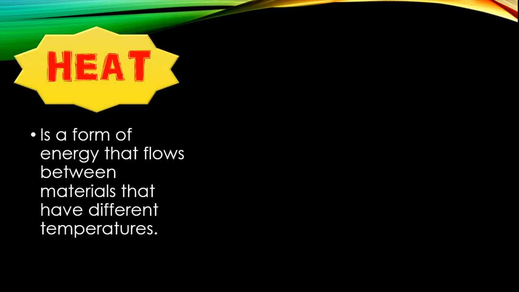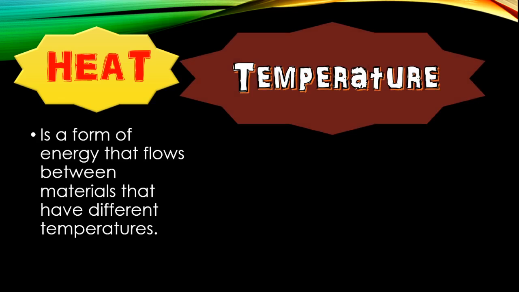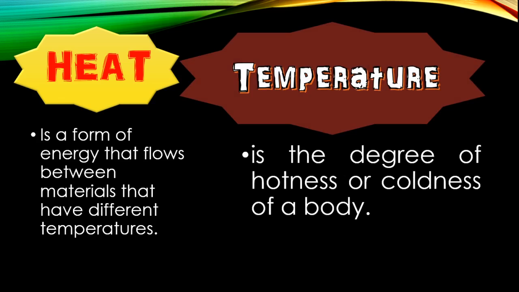What is heat? Heat is a form of energy that flows between materials that have different temperatures. What about temperature? It is the degree of hotness or coldness of a body.